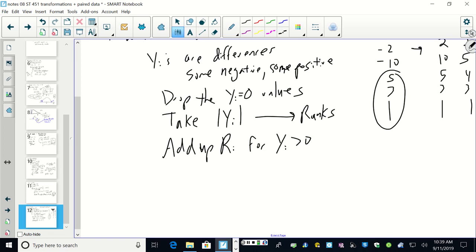The sum of the ranks is called S, for sum. For these, it was ranks 4, 3, and 1. So that's 4, plus 3, plus 1, and so that is 8 as our total. And then we want to decide whether that is extreme or not.